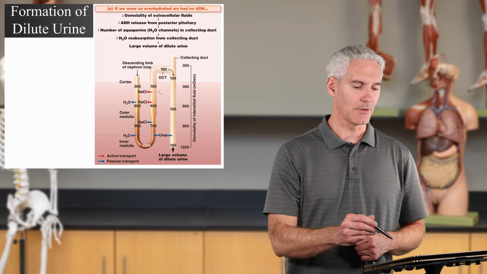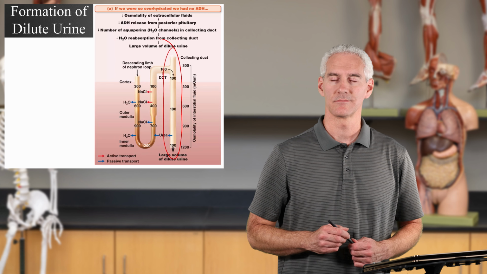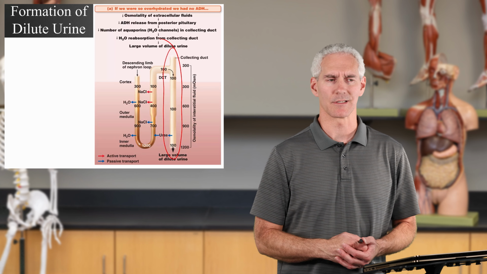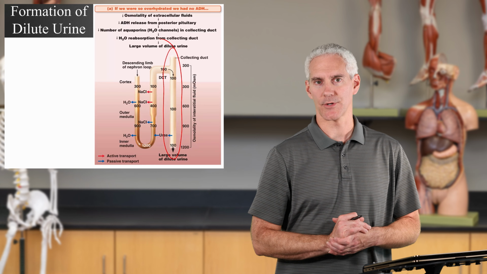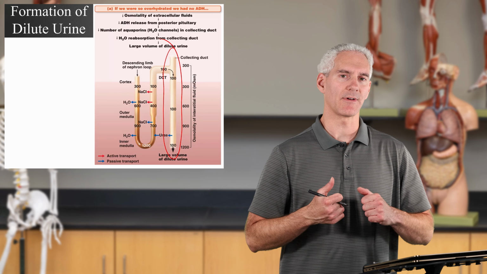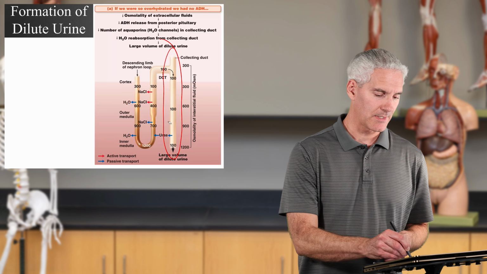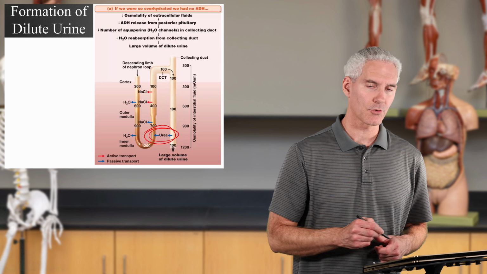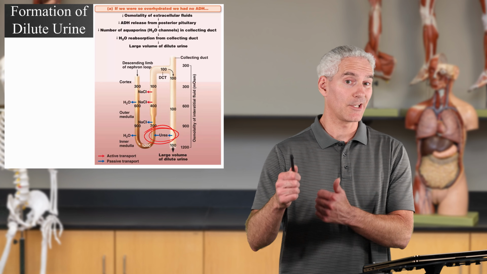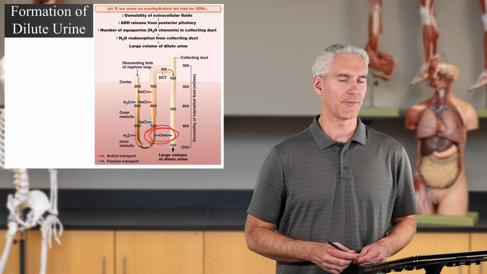And it stays dilute because the entire collecting duct didn't really need to pull water out. This system was hydrated. There was no need to conserve extra water. But you can notice that down here, we do have urea being pulled out. That urea is pulled out and put into the loop of Henle.